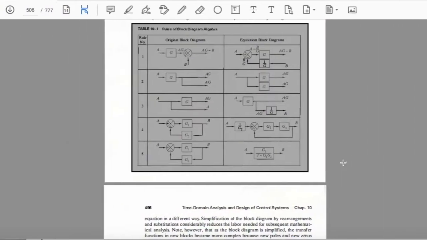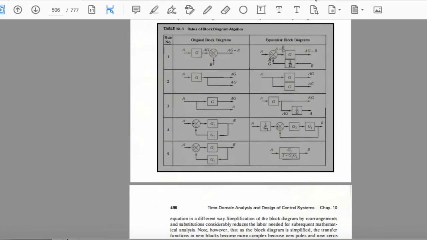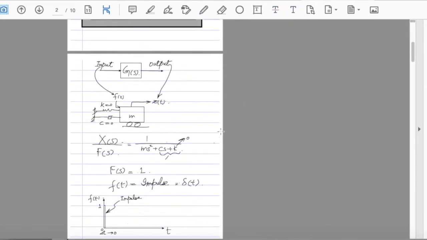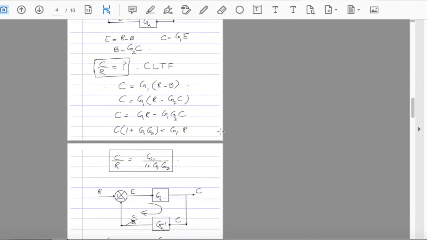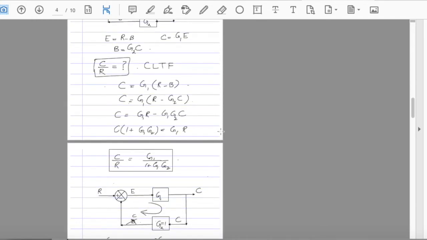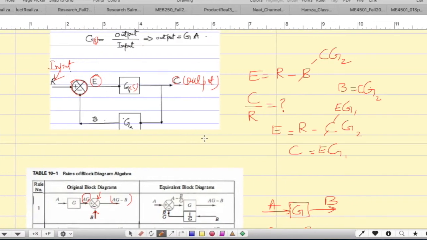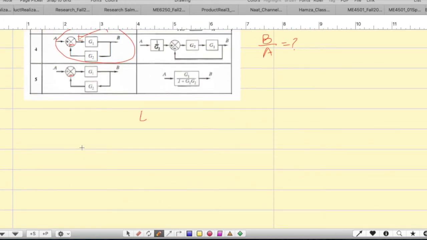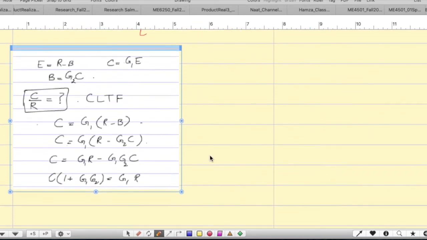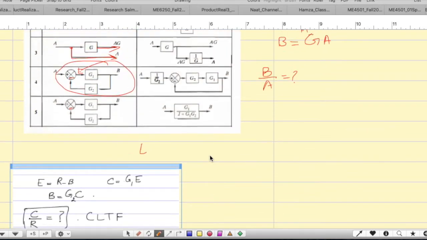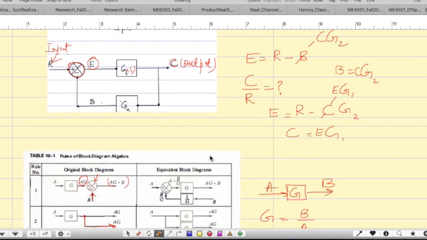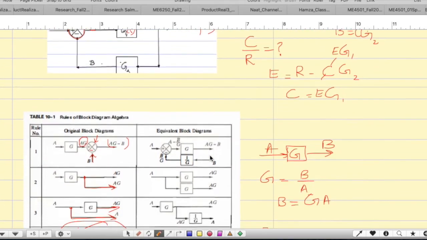So let me go back here to see if I'm not making any mistakes. Yes, this is the same thing. And then I'm going to copy paste here and just plug it in over here. I wrote it down like E, G1, G2.